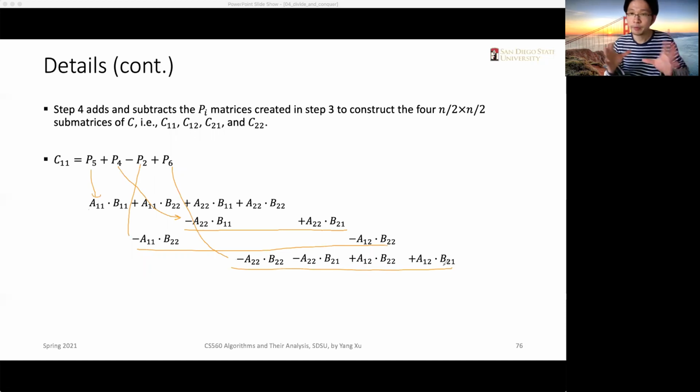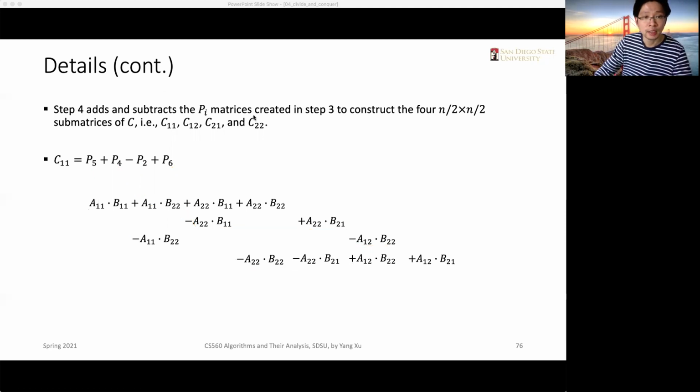So when we put these equations together, we can see that a lot of eliminations occur, right? Let's use the same color. If we align the equations, these two eliminate, these two eliminate, and these two. All these terms eliminate.